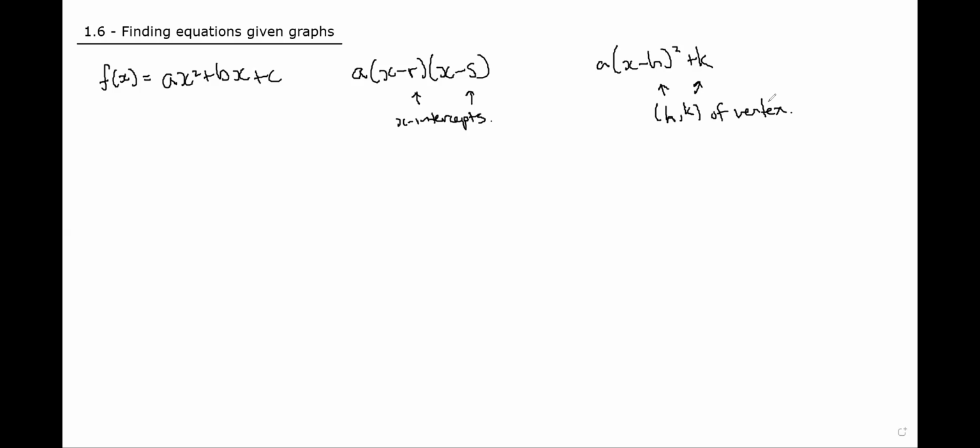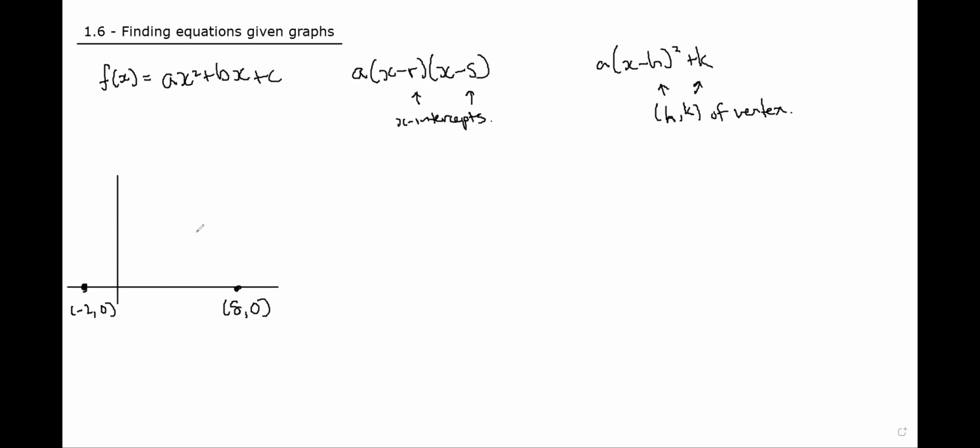Okay? So on my graph, we had something like, let's pretend this is -2, 0. And let's pretend that is 8, 0.